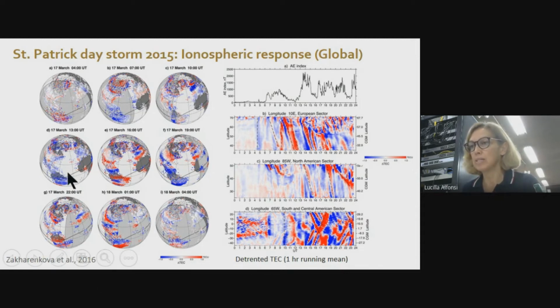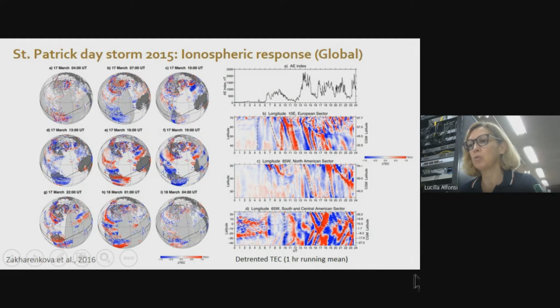And you can see in this sequence of pictures, which starts from the 17th of March at 4 and goes to the 18th of March at 4 as well, so 24 hours, the evolution of the storm.